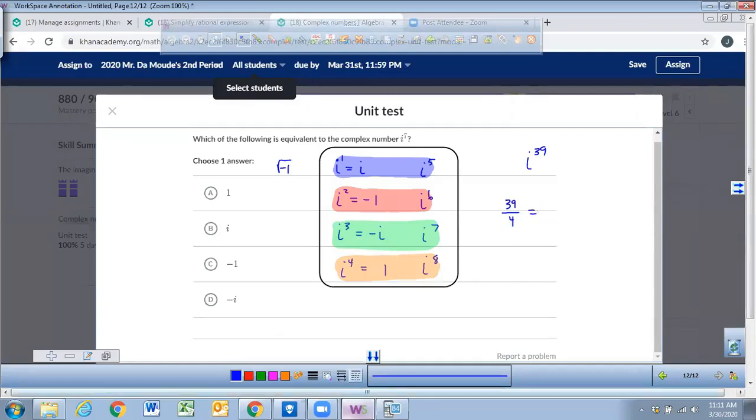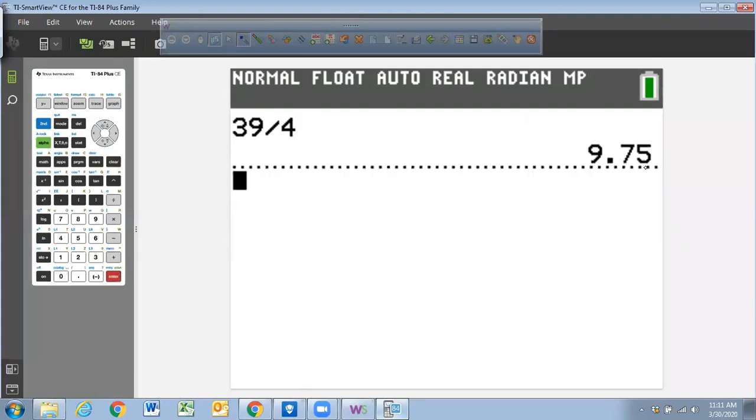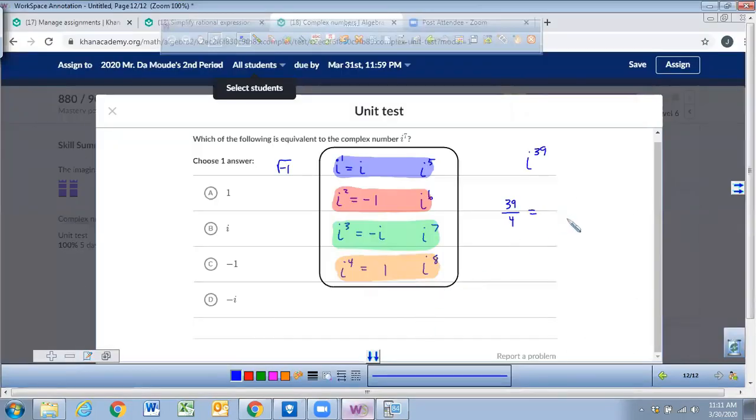So just go to your calculator if you want to. Do 39 divided by 4, just like that. What's our remainder? What's our decimal remainder? 0.75. So our answer was 9.75. 0.75 is important.